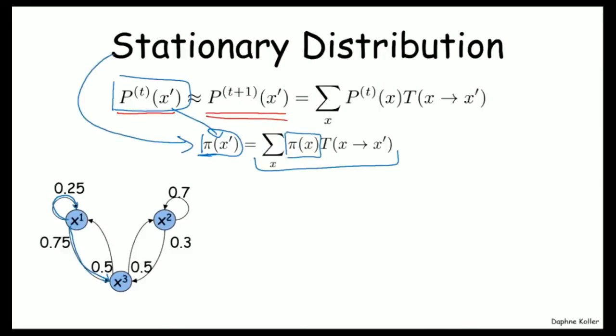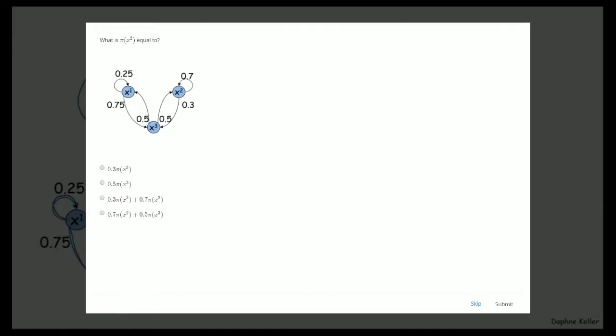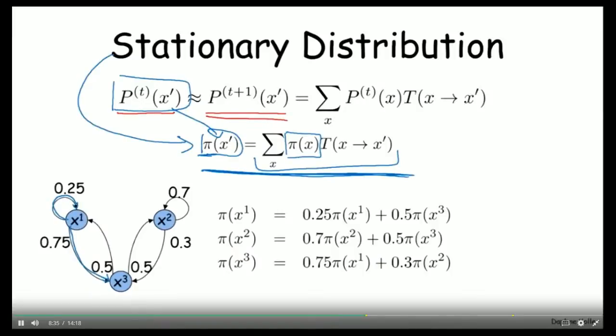And we can now write down a set of equations that represent what properties the fixed point distribution needs to satisfy. If you do that, you're going to get the following equations.